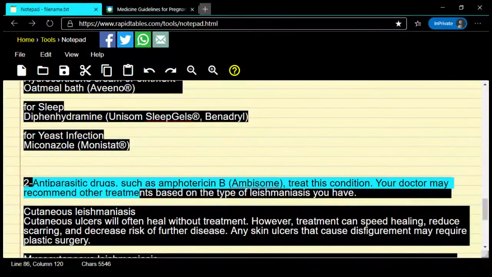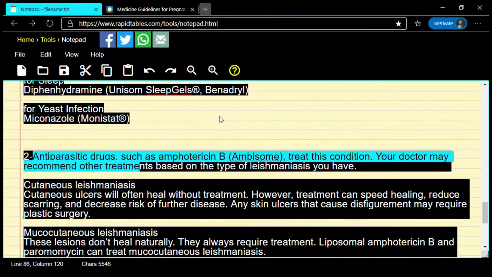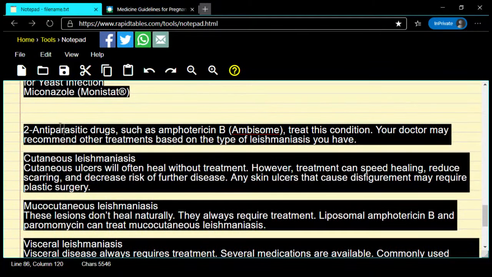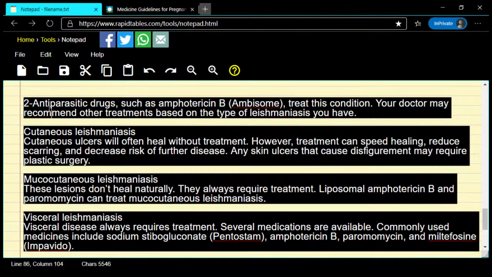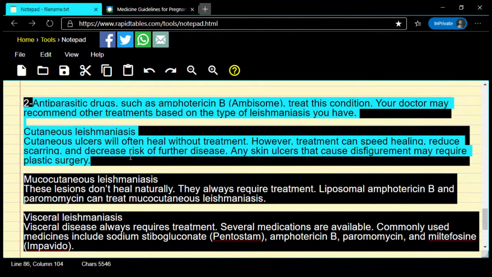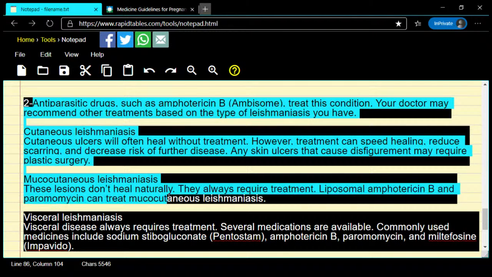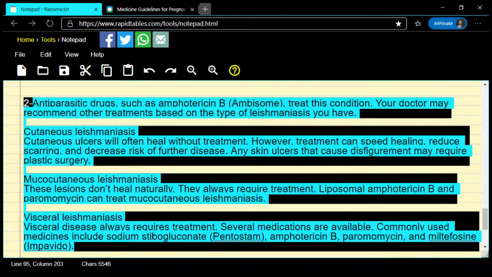Next we move on to the next subject, of course, being the leishmania, that we have already written a paragraph on: cutaneous leishmania, mucocutaneous leishmania, and visceral leishmania treatments.